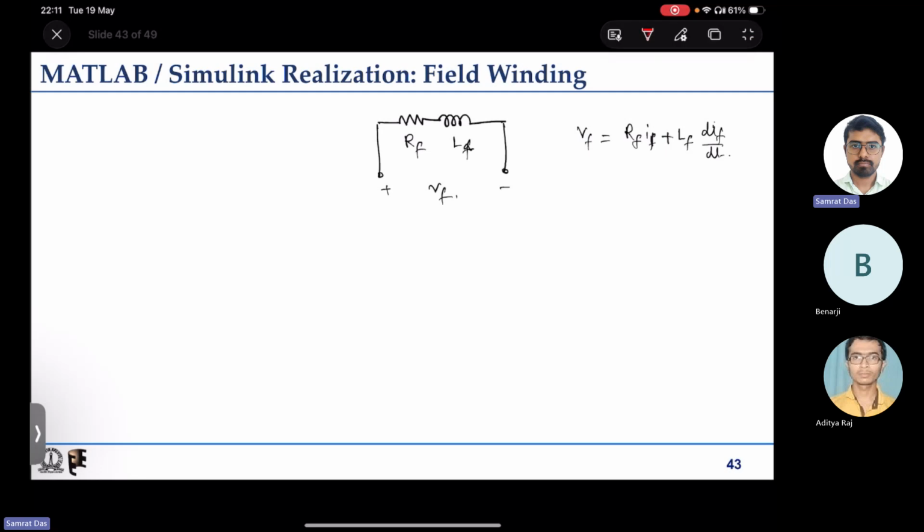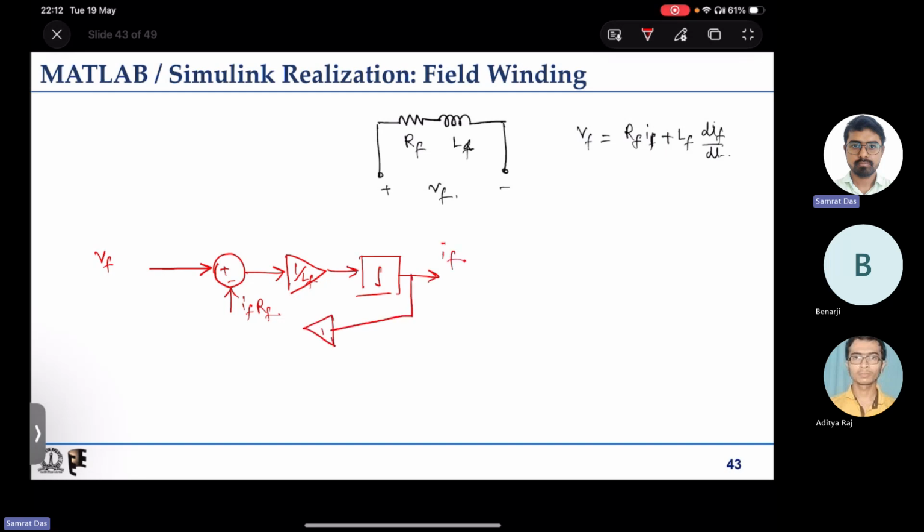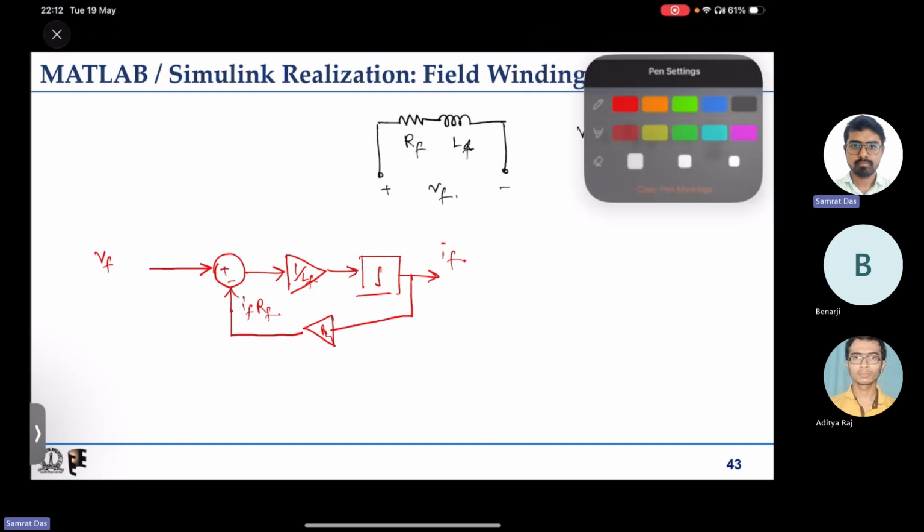If we want to make a MATLAB model for that, the input would be Vf, we have to subtract the If Rf drop, then we have a gain of 1 by Lf, we integrate, that will give us If, we feed back, multiply by Rf and get this.